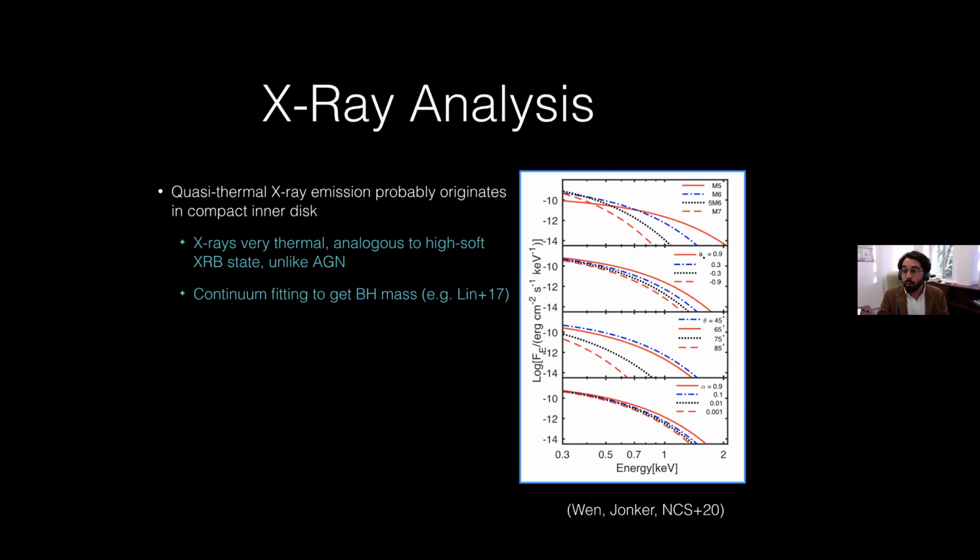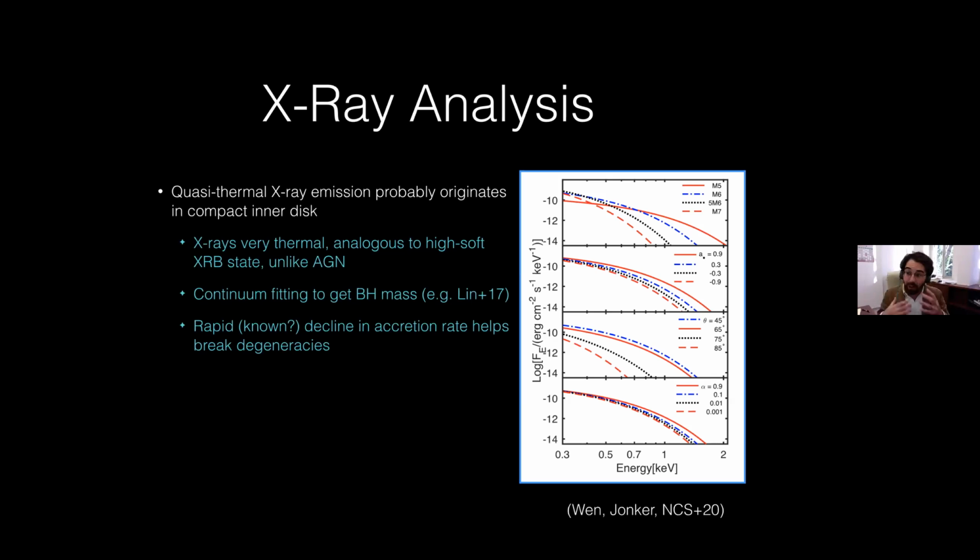What this means from a practical perspective is that you can take a popular tool used in the study of X-ray binaries, which is X-ray spectral continuum fitting, and use this to constrain properties such as the mass of the underlying black hole. This X-ray continuum fitting approach is something that's been done for a number of years for X-ray luminous tidal disruption events. For a very exciting example of this, see Jiacheng Lin's past work.